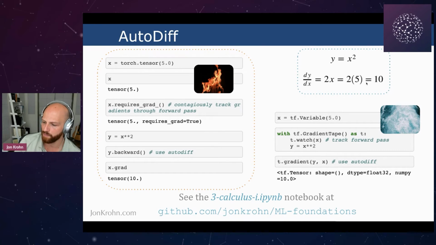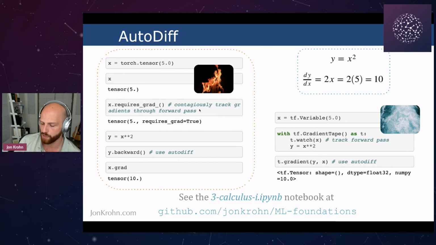As a simple example, if you have an equation like y equals x squared, you may be familiar with the power rule, a derivative calculus rule, which means that if we want the derivative of this equation, we can call that derivative dy/dx, and according to the power rule, x squared becomes 2x. So if our x value is 5, then plugging 5 in for x, we get 10 out as a result.